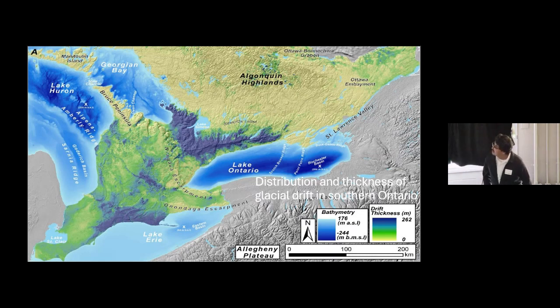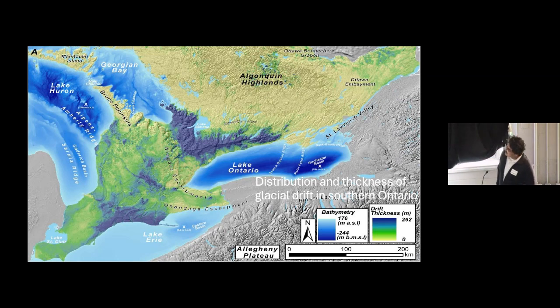Speaking of these sediments, this figure might be familiar to some of you. This is the distribution and thickness of glacial drift in Southern Ontario. At first glance it may seem random, but there is a method to this madness. The sediment is localized in bedrock valleys, very old bedrock valleys that Abigail pointed out earlier.